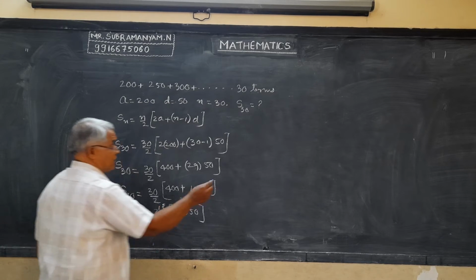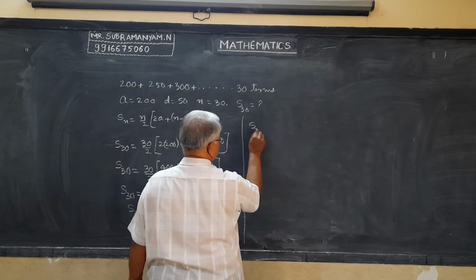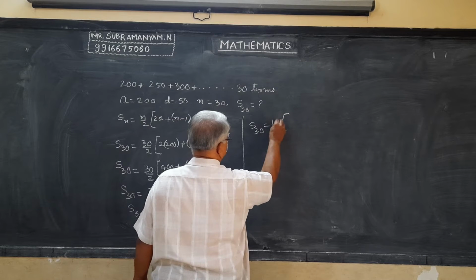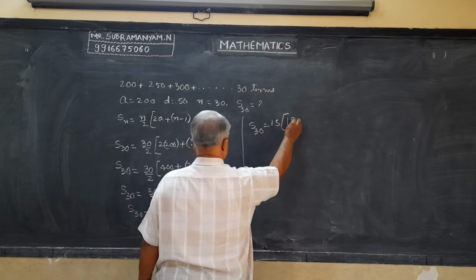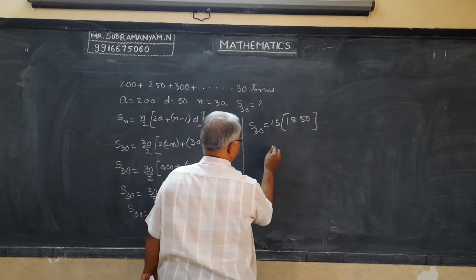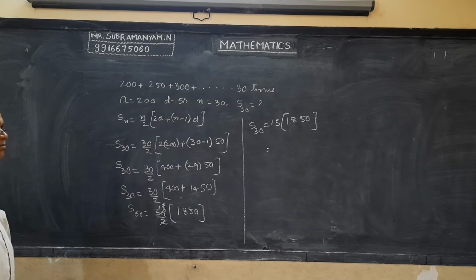So, S30 equal to 15 into 1850. Now I want you to multiply these two. Please check and multiply, and find the value.